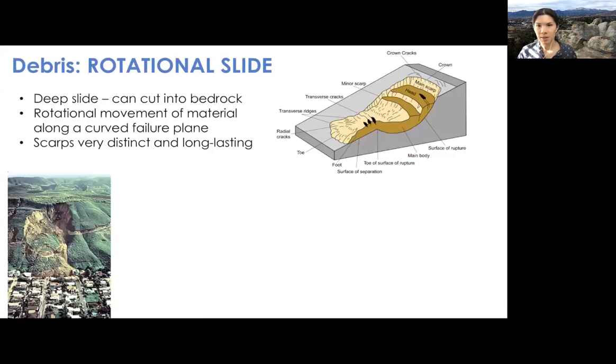So in this diagram in the upper left, you can see that the failure plane is this bowl-shaped form, and the material within the slide is moving through rotation from its position in the upper part of the slide, or its original position, and it's rotating through that bowl and then coming up into the depositional toe of the landslide where it is deposited.